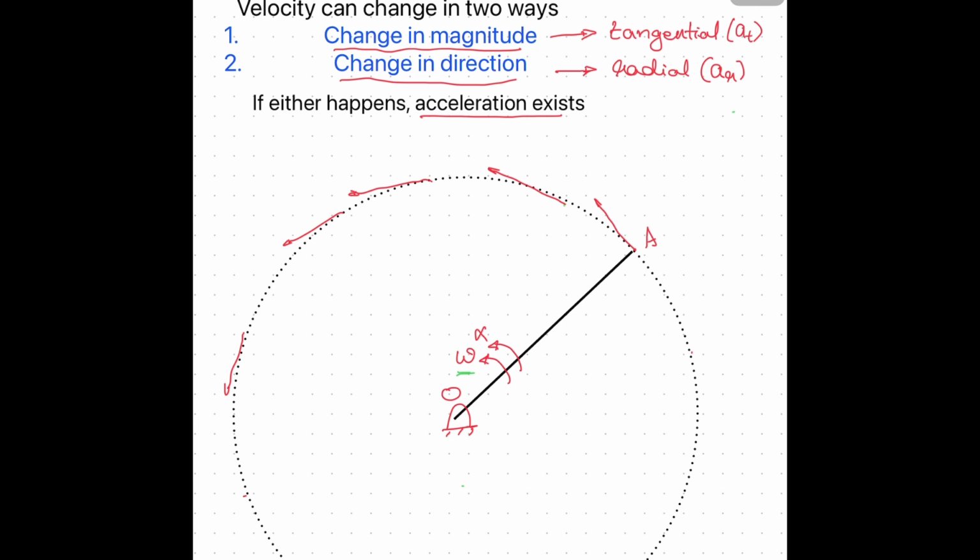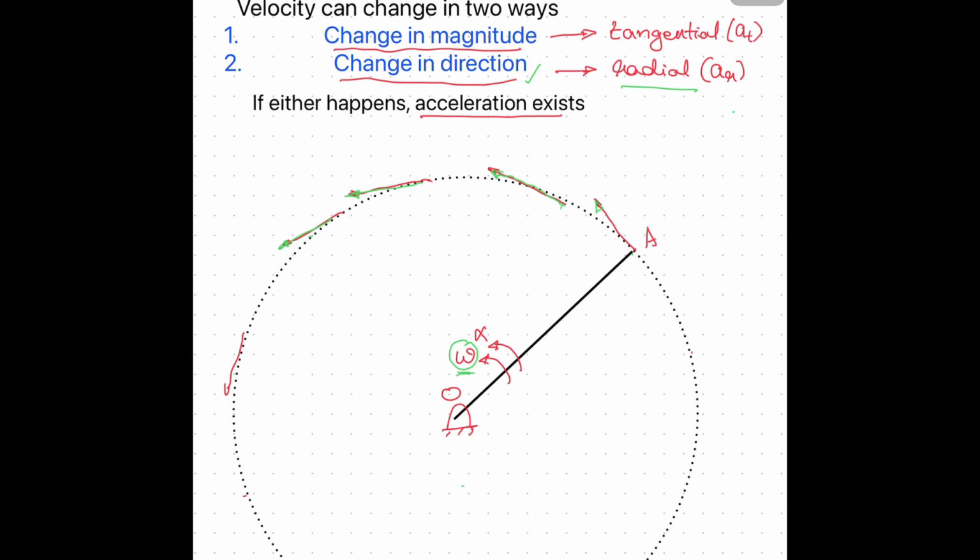Just see here, at this position the velocity direction is like this, and at this position it is like this. That means if omega is constant, the direction of velocity is changing. If the direction of velocity changes, then radial acceleration will exist.